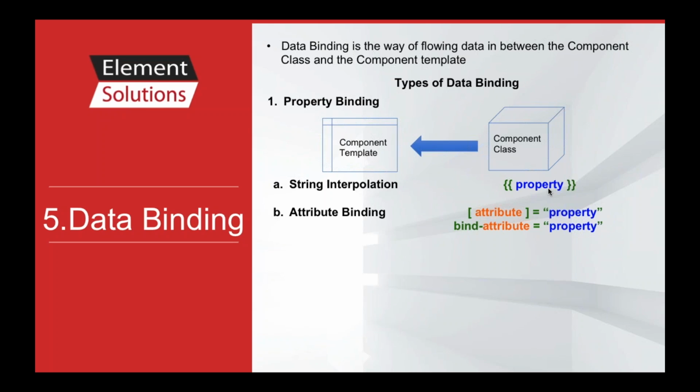If it is false, on the template side, I want to disable the button. So I'm not binding the value to the button element, but within the button we have a disabled attribute, and I'm binding the value to the attribute. So that is attribute binding. We can do it using the square braces, or we can use bind hyphen and the attribute name. That is a different way we can do that.